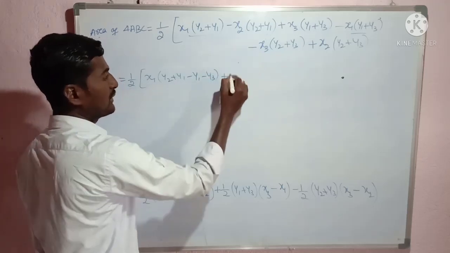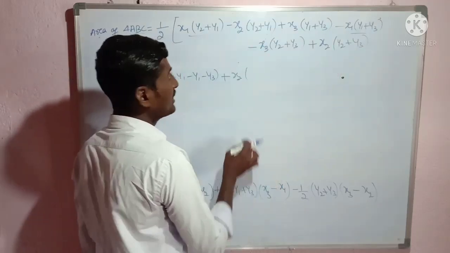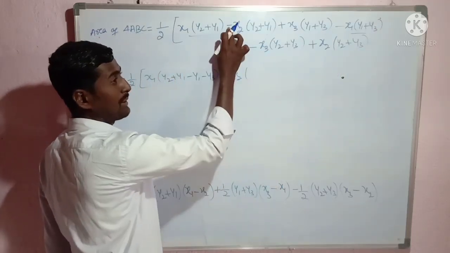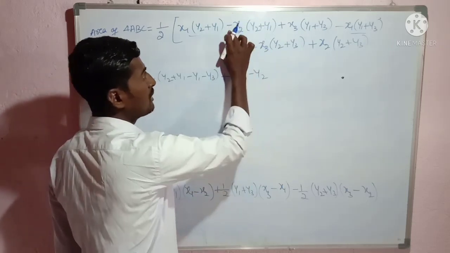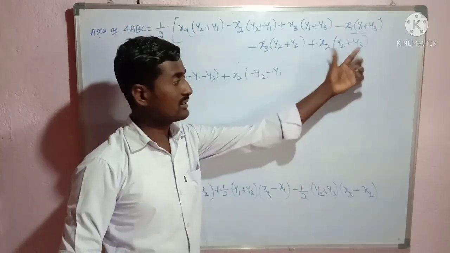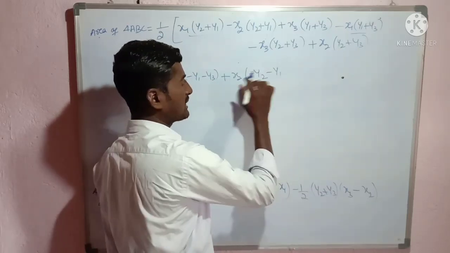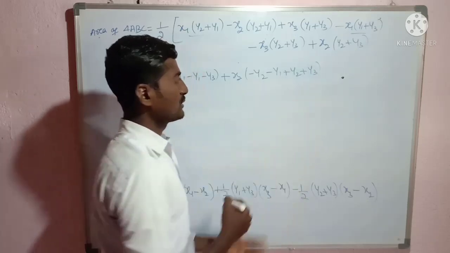Plus, now x2 term. Here is x2 term and one more is here. So plus x2 taken outside, minus is as it is. Minus into plus is minus y2 minus y1. And one more term here. Plus x2 taken outside plus y2 plus y3. So x2 term over.